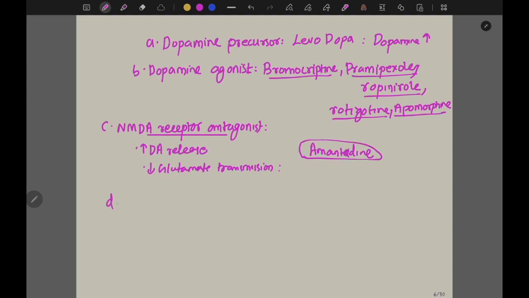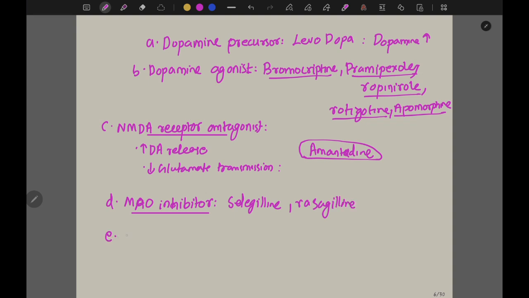The next group of drugs is the monoamine oxidase inhibitors, MAO inhibitors. Monoamine oxidase is the enzyme that metabolizes dopamine, and the MAO inhibitor decreases the metabolism of dopamine and increases the dopamine levels. Those include Selegiline and Rasagiline.